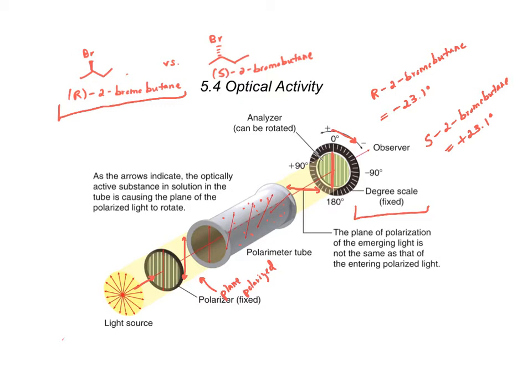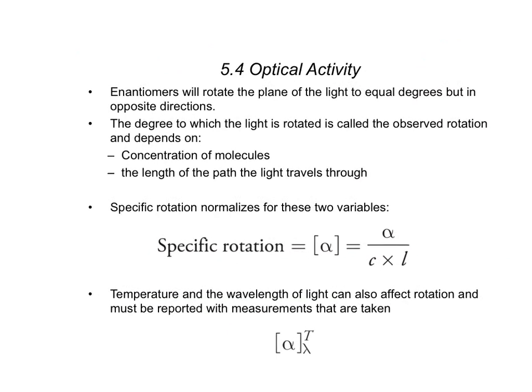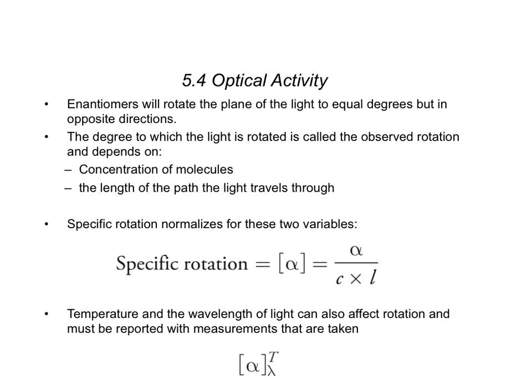Again, our sample is in this tube, and it's what is responsible for rotating this light, and that's what we're actually measuring with our second filter and our detector at the end. Okay, so now, what we're measuring when we measure this is something called the observed rotation.